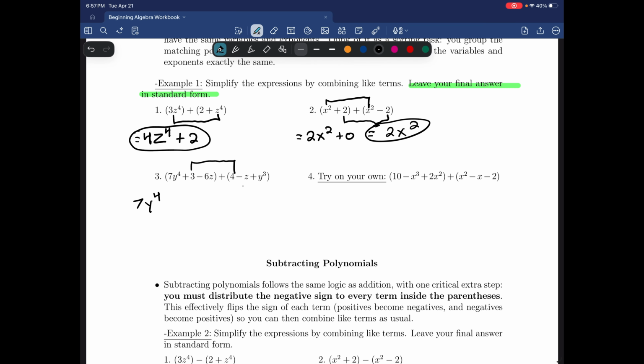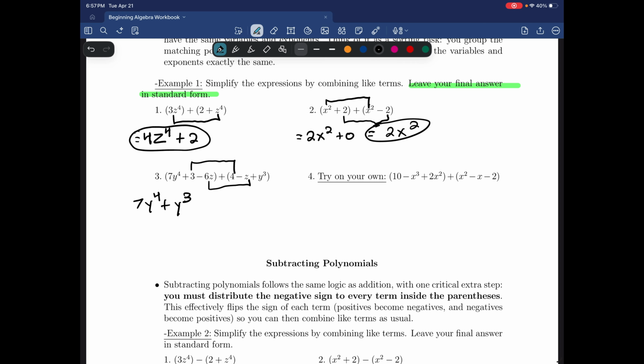There is, so these two are like terms because they have the same power. And the last term is y cubed. There isn't another y cubed, so this term is also on its own. Before we combine like terms, I'll write that y cubed over there.